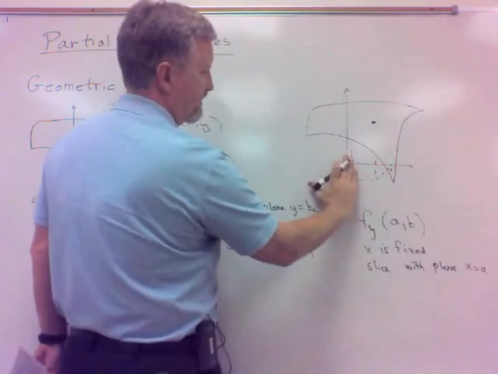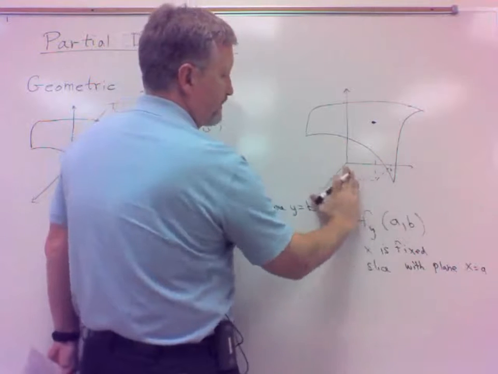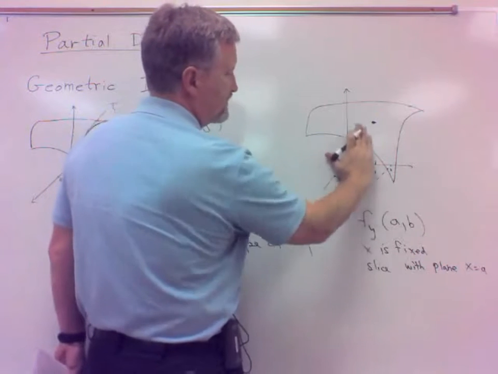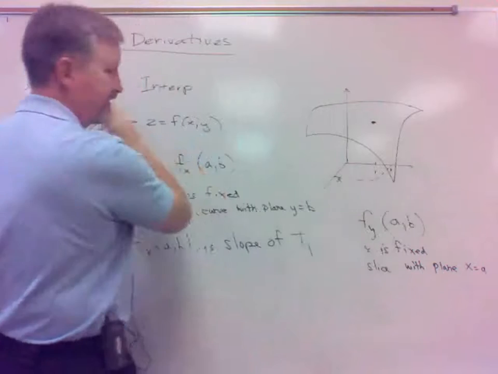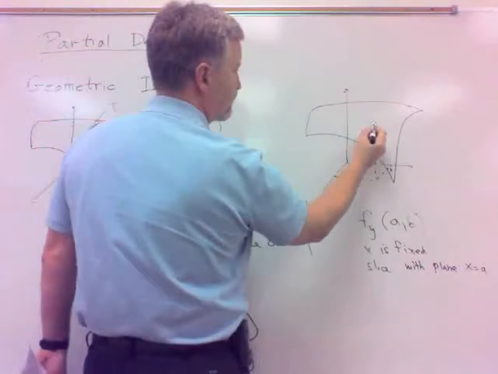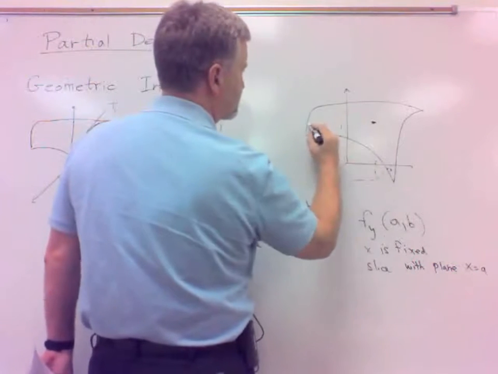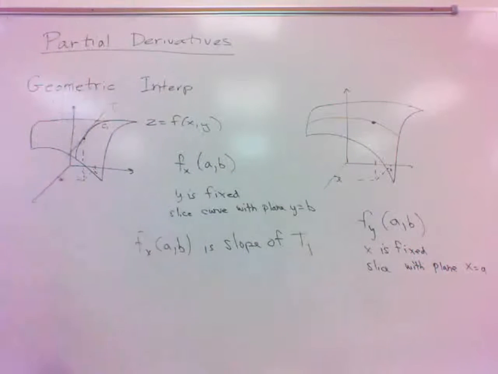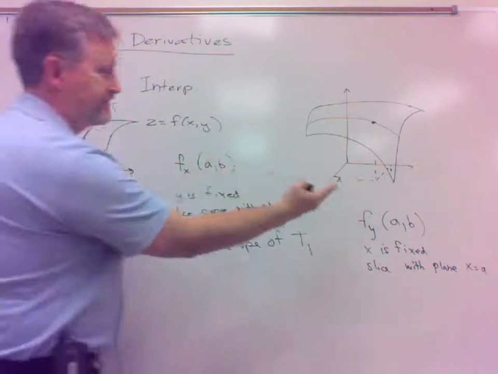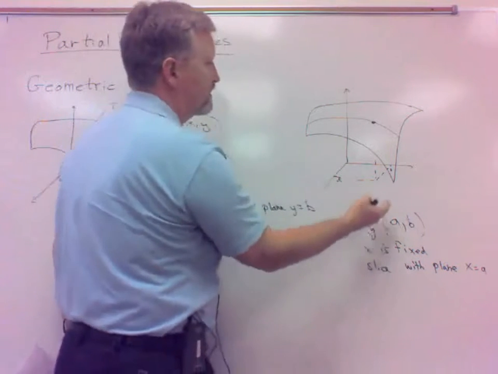Okay, and so you just have to kind of visualize here. If I go up at x equals a and slice that surface, it slices it differently than it slices it here, right? It's more in the x dimension there. All right, and so what would the partial derivative of f with respect to y be?